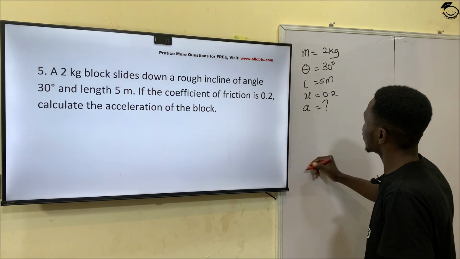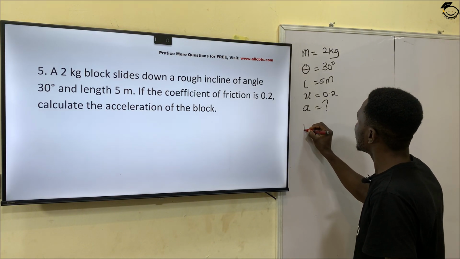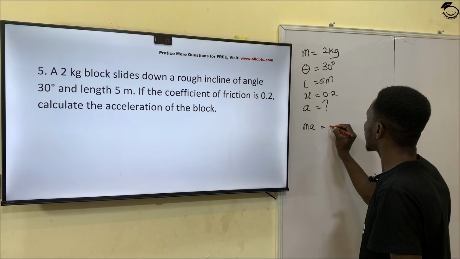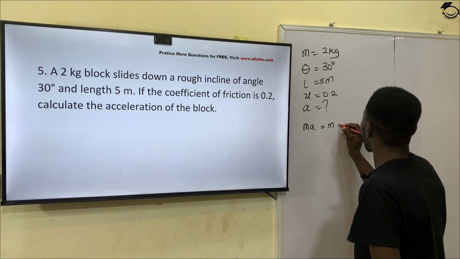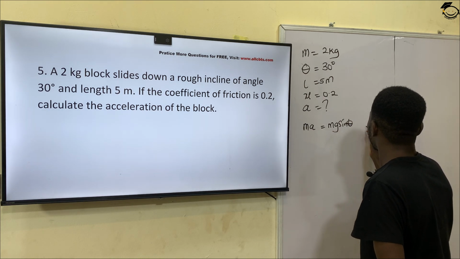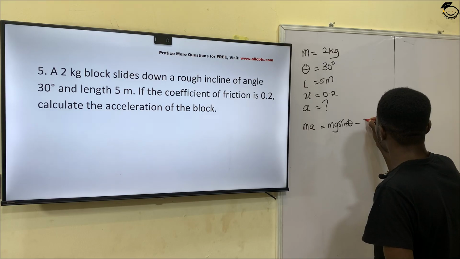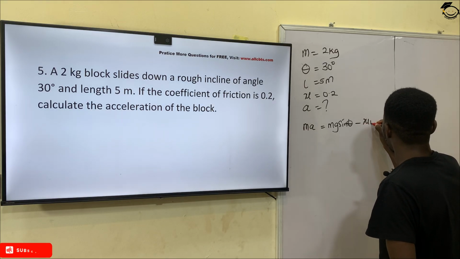So if we are to find the acceleration of the block, we know that mass times acceleration of the block is going to give me the mass times the acceleration due to gravity sine theta minus the frictional force, which is mu mg cos theta.